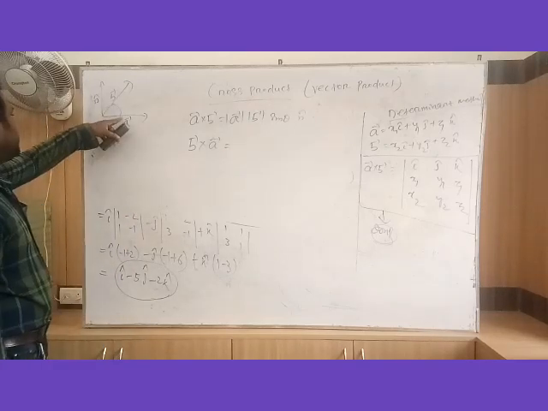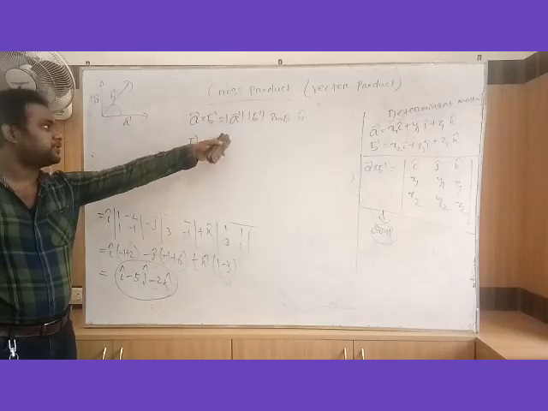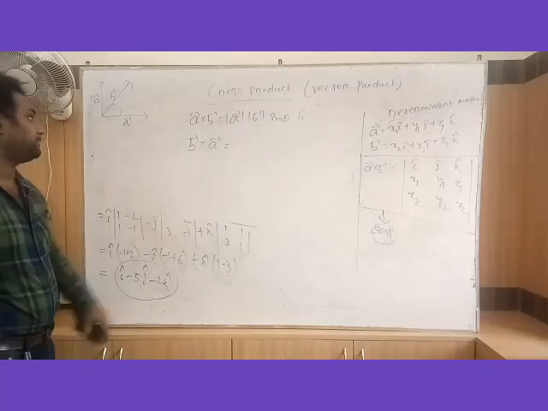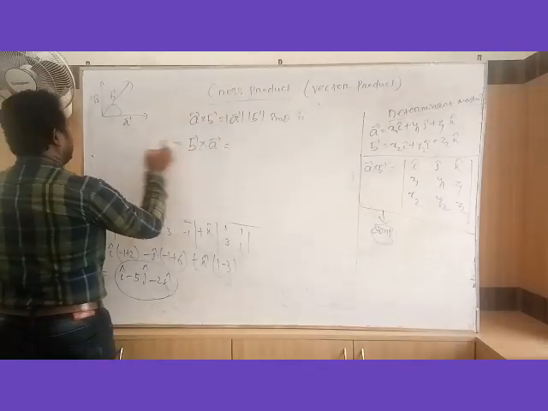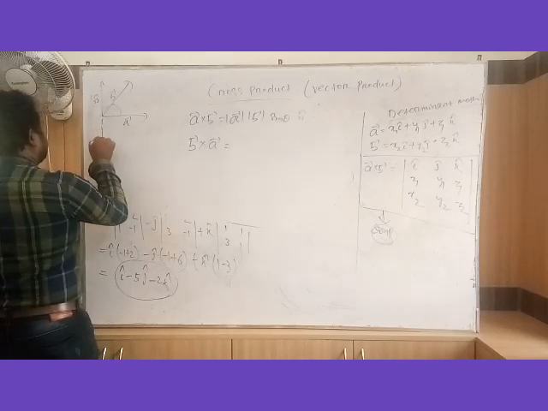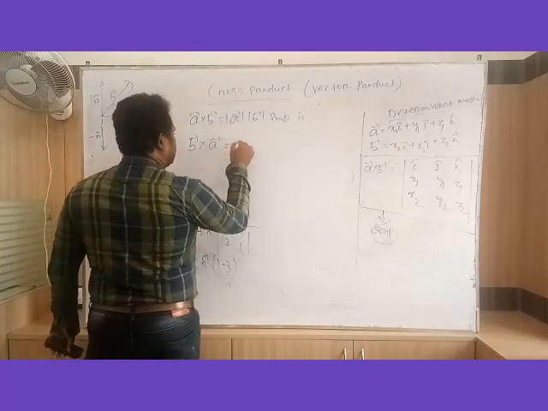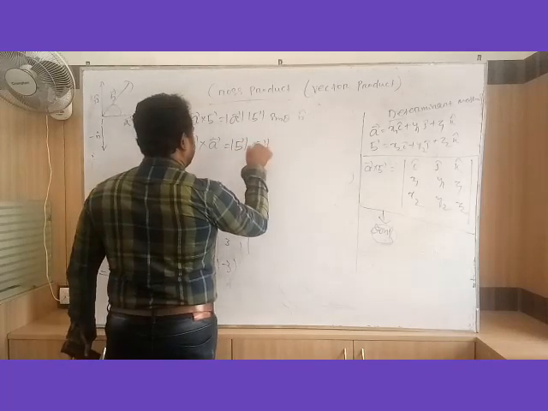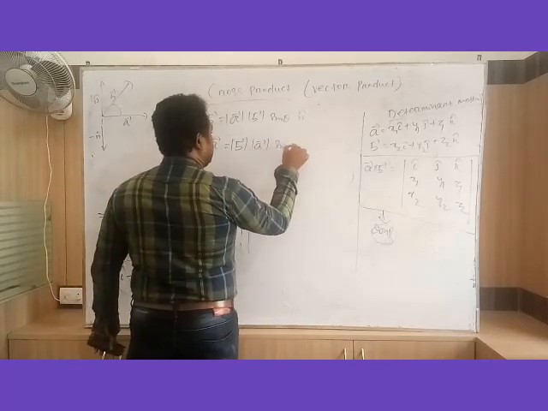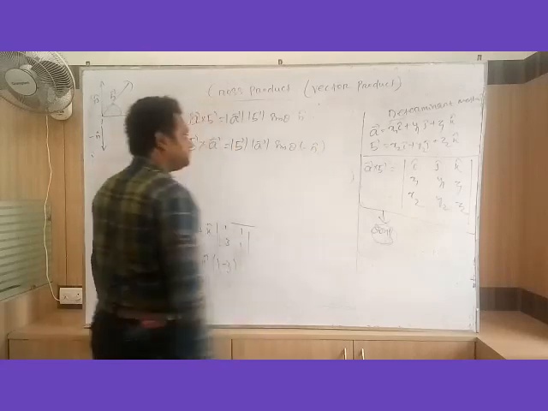If you take a cross b, the value becomes magnitude of a, magnitude of b into sin theta n cap. If you take b cross a, the unit vector points the opposite way, that means minus n cap. The direction of the unit vector changes. So b cross a means magnitude of b, magnitude of a, sin theta, minus of n cap.